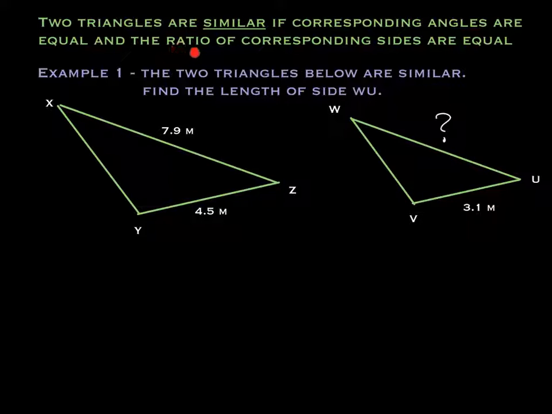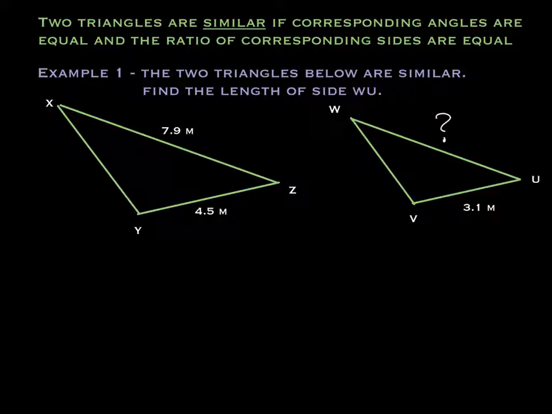Ratios we've dealt with before; they're just kind of like fractions, right? And corresponding sides are similar to what we said about corresponding angles. So this side, XZ, corresponds with this side, WU. And the same for XY, which corresponds to WV, and YZ, which corresponds to VU.